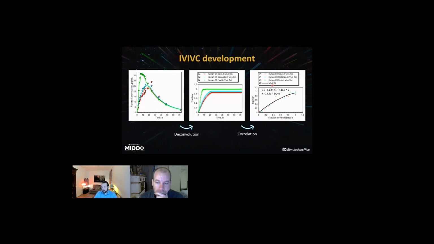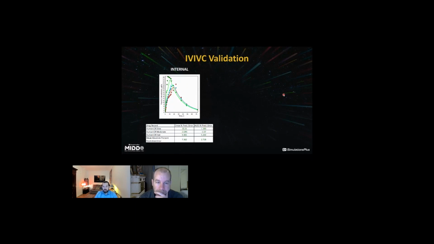Having this relationship, we had to validate it. Following the FDA guidances, we first did an internal validation, and you can see that all of the individual criteria are below 15% for both the Cmax and the AUCs.